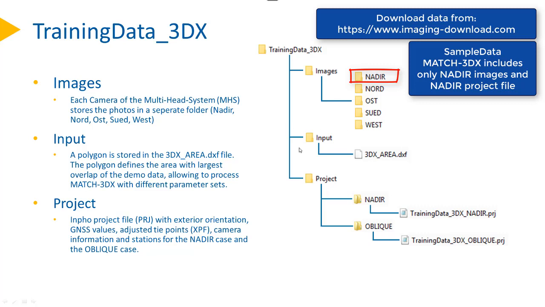To process our data we will use a smaller area in the center, mainly because of enough overlap, so we can have then enough different model selections, and therefore we can process a nice, good looking True-Ortho photo. Then we also have a project for just the nadir dataset, which we will use today, and also we will provide a dataset or project for the oblique part, which is still currently in work.